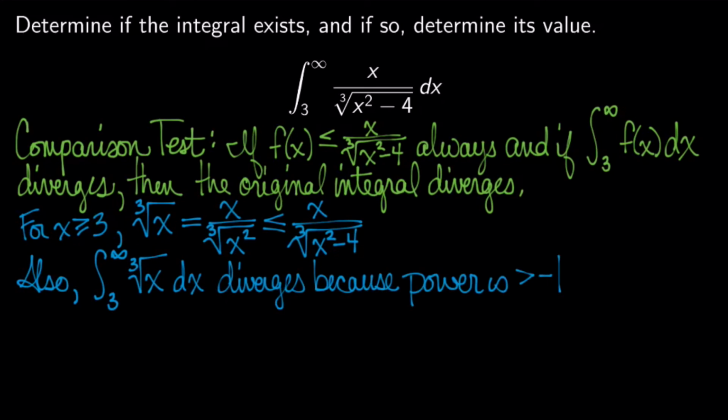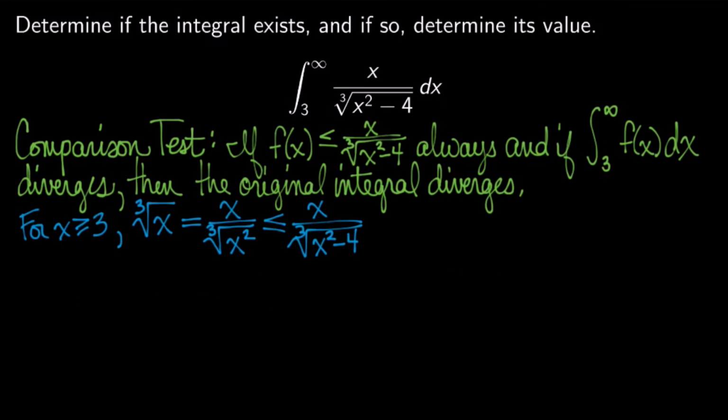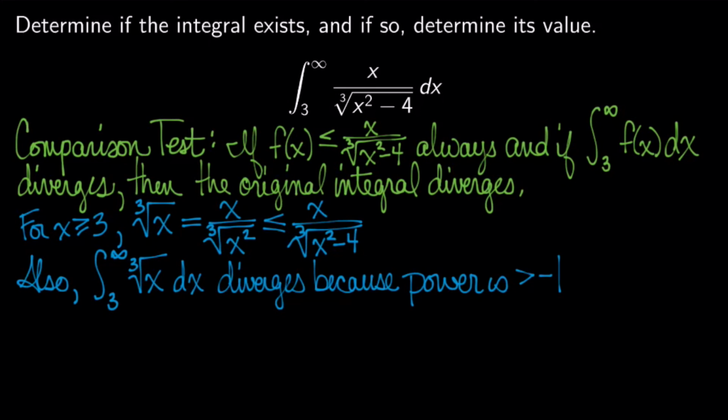So that is true for x greater than or equal to 3. It's always true over our integral. Now, this easier integral, this integral of f from 3 to infinity, diverges because the power, that 1/3, is greater than -1.